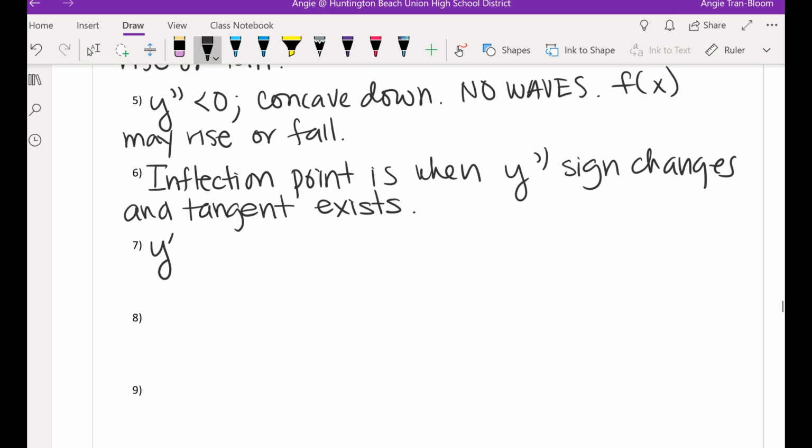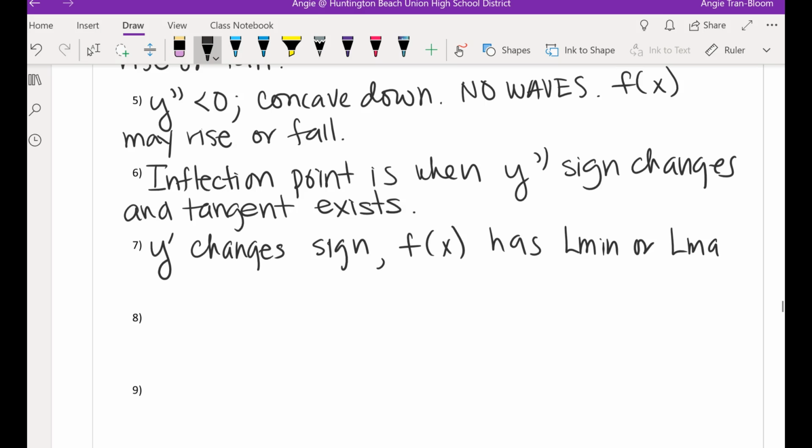You just learned 3 different languages. Number 8. All right. y prime changes sign. That means f of x has an L min or an L max. Okay. So if the first derivative changes from positive to negative, you either have a max or min. y prime equals 0 and double derivative is less than 0 at c.